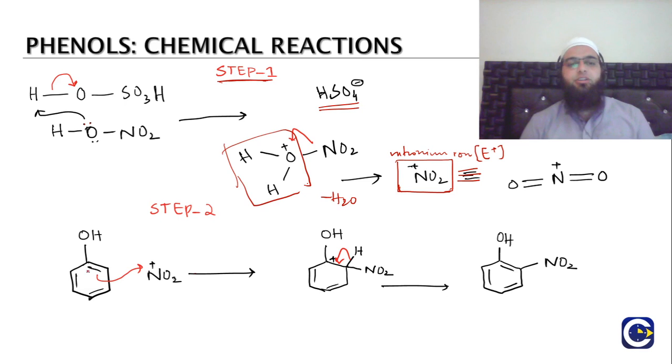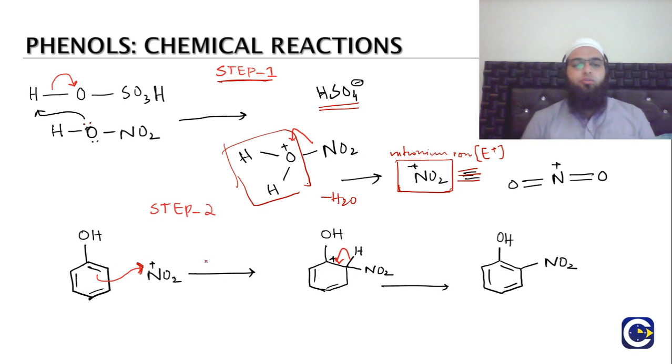In the second step of the reaction, the double bond of the phenol ring will attack the nitronium ion, because we have more electron density on this ring, and the nitronium ion is electrophilic in nature, that is, deficient of electrons. And we'll be getting this intermediate.